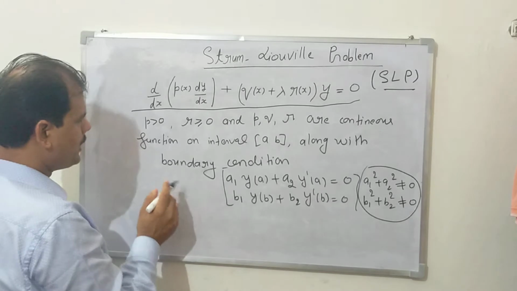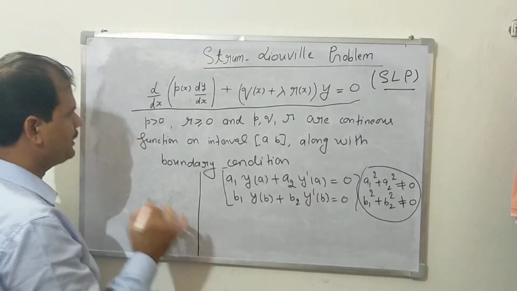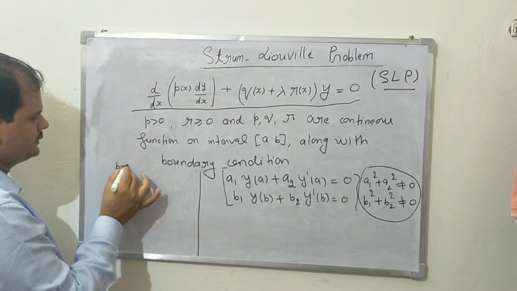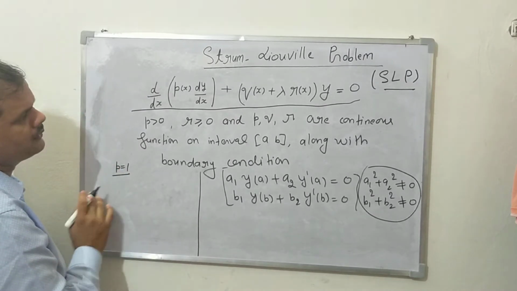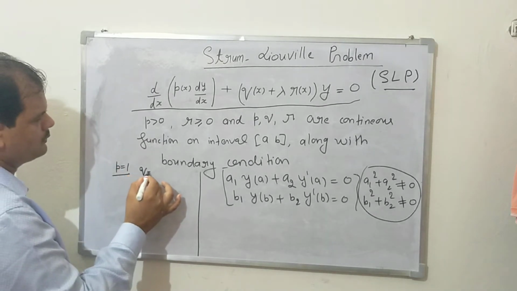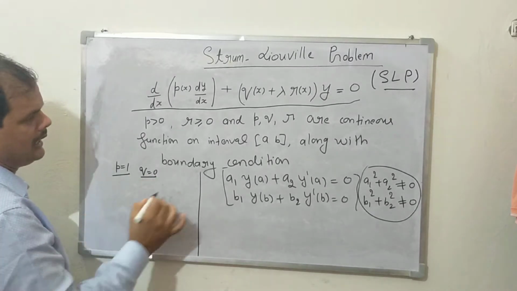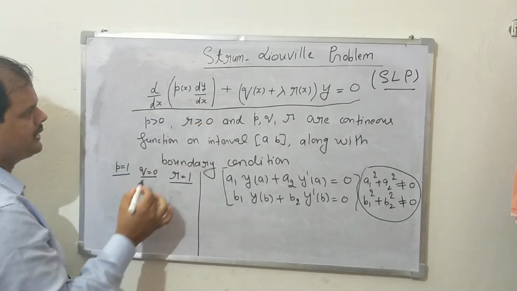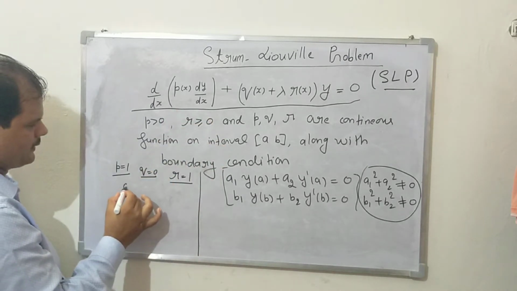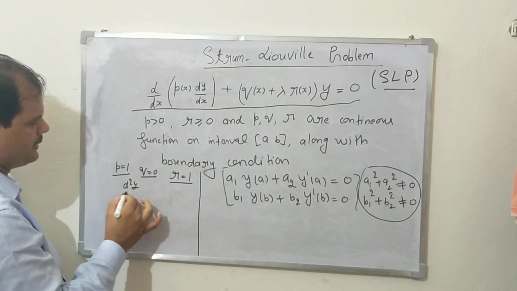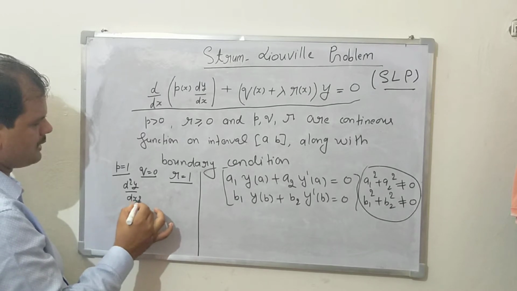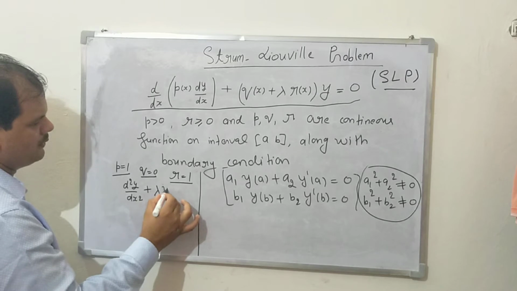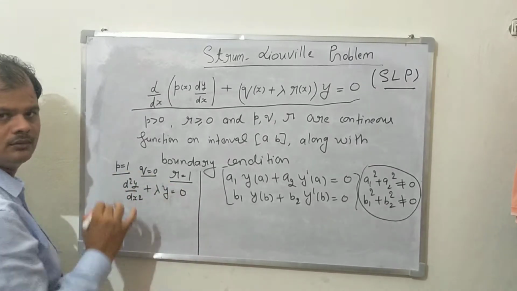Now, if I want to take the simplest form of SLP, let us take p equal to 1, q equal to 0, and r equal to 1. So we get d2y/dx squared plus lambda y equal to 0.